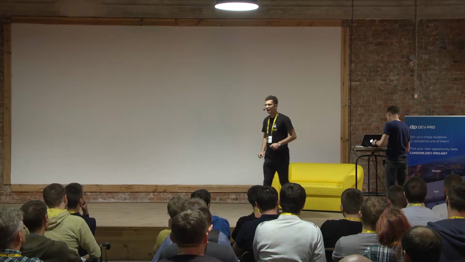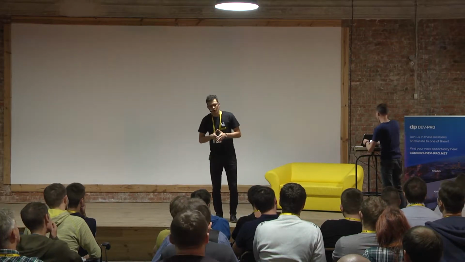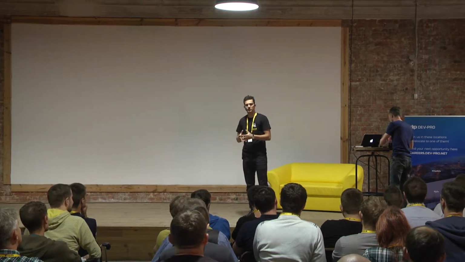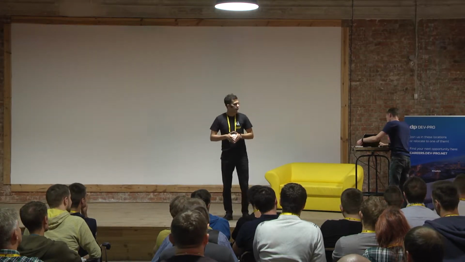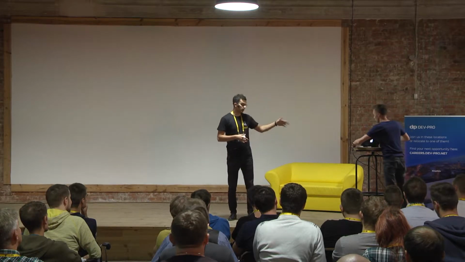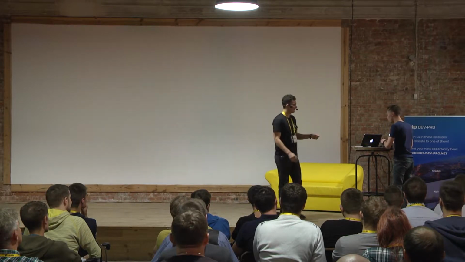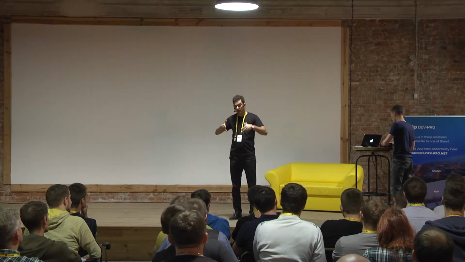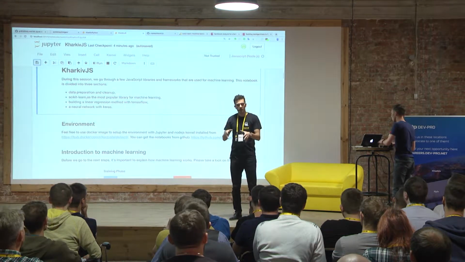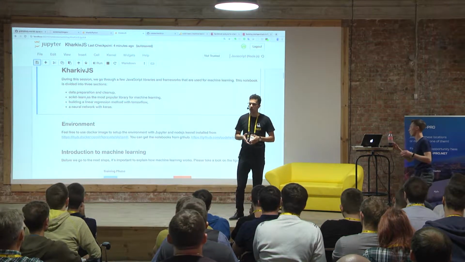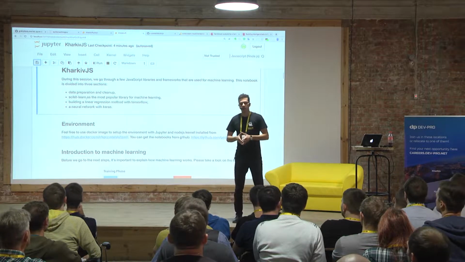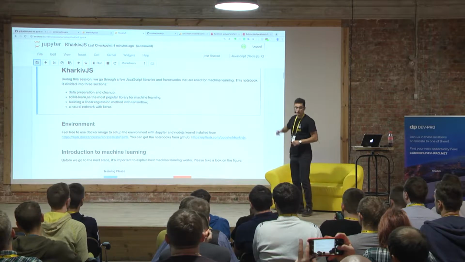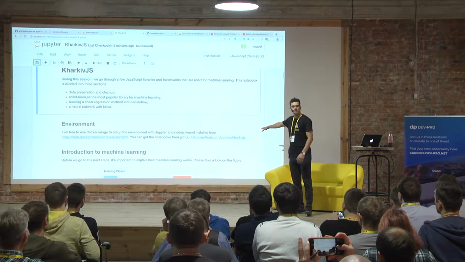I prepared that image for you on Docker Hub with all the setup, because setting up Jupyter is not trivial. So I prepared for you an image with Jupyter, with Node.js, with all the libraries on the image, so you don't need to set up anything. Just download the image, run the container, and you are done. So here's the link there, and also the notebooks. You can also get it on GitHub.